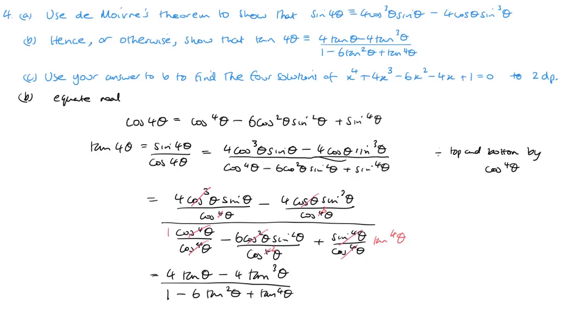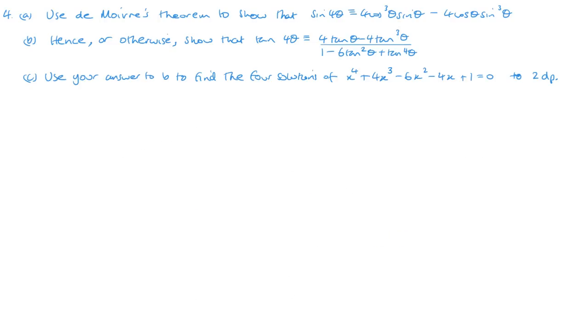Now let's look at part C. This one isn't very easy to spot what to do, so I'll just write these out. If we look here, we've got 4 tan and 4 tan cubed. So let x equal tan theta is what we're basically looking at.